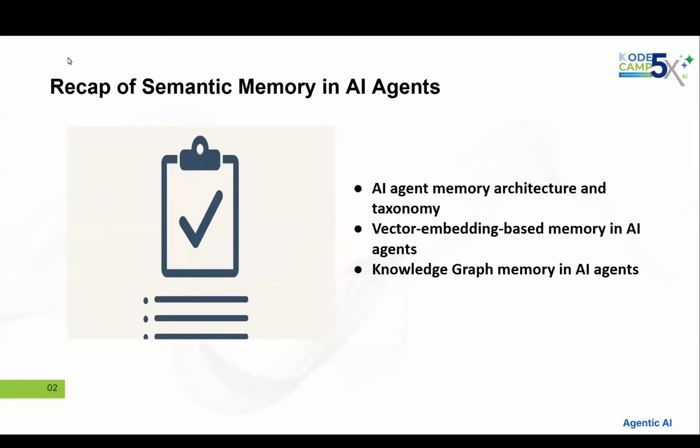Yeah, and then when I was talking about embeddings, I was trying to explain, we were already talking about vector-based semantic memory. I was trying to explain the basis for vector similarity and how that is used in vector-based memory.